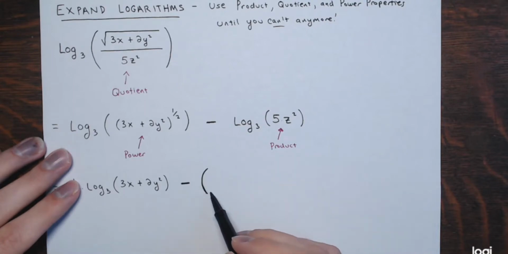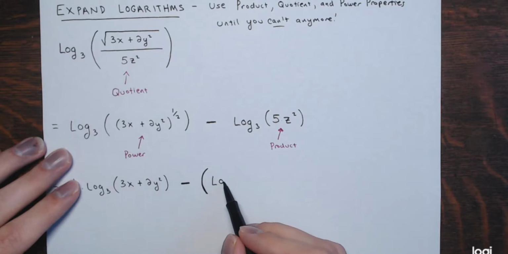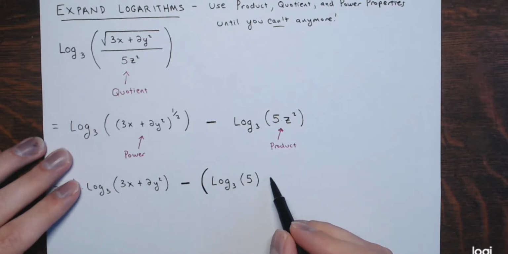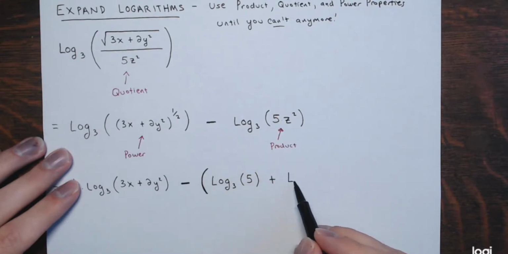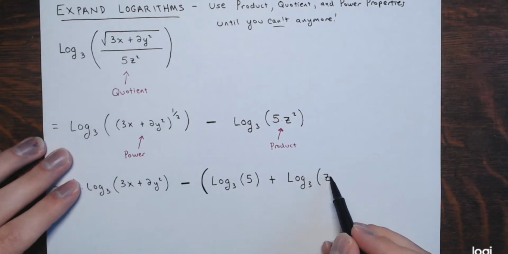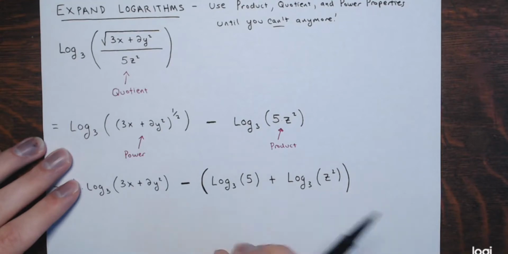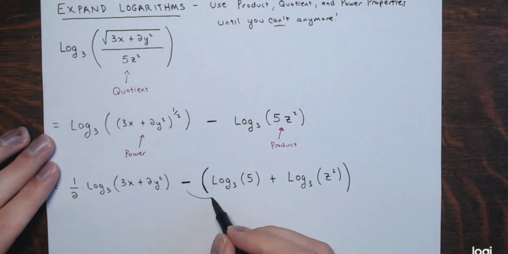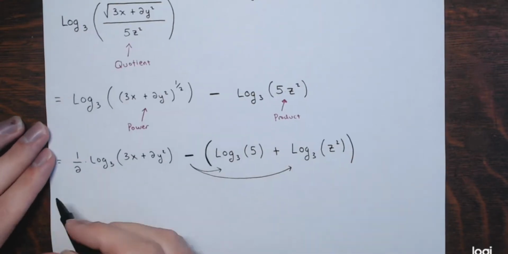So in parentheses, the log base 3 of 5z squared could be written as the log base 3 of 5 plus, right, the log of a product is the sum of logs, the log base 3 of z squared. And then close parentheses. We are subtracting all of this. So in fact, I'll do that right now, where I'll distribute the negative, and then we have the following.